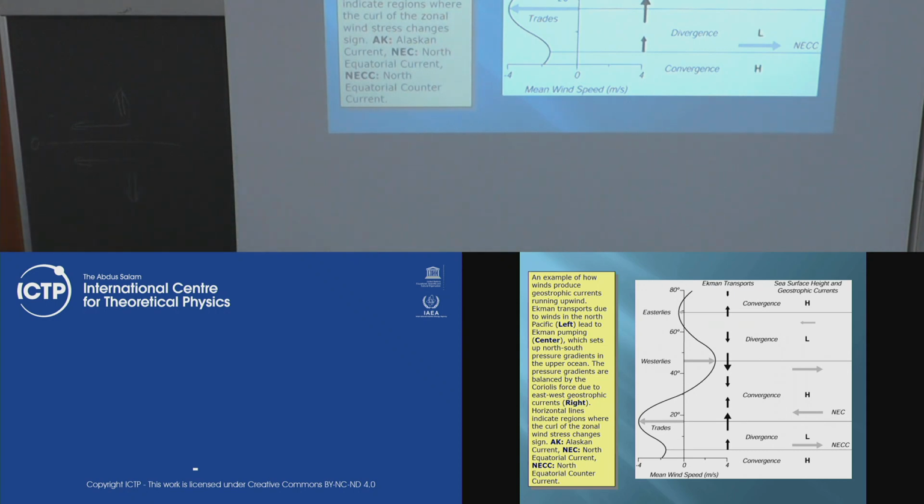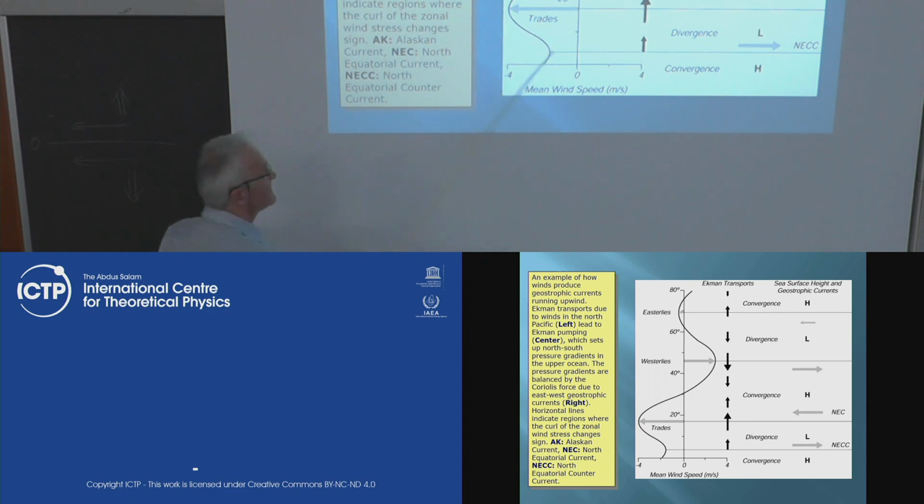Now we know how the Ekman transport, being at the right-hand side with respect to the wind direction, determines divergence or convergence. We know the average schematic distribution of the wind as a function of latitude, starting from the equator and going up north.